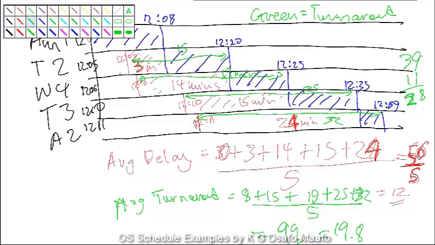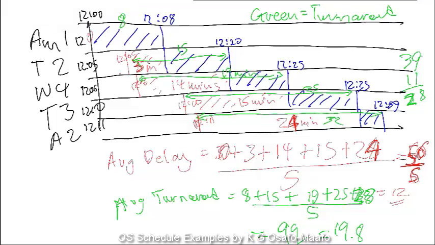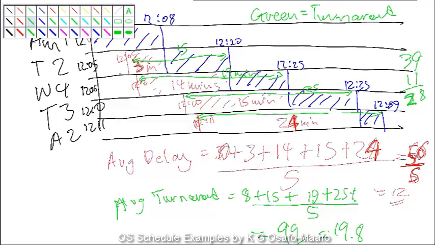Just making corrections. Alright, so correction made. So average delay should be 11.2.